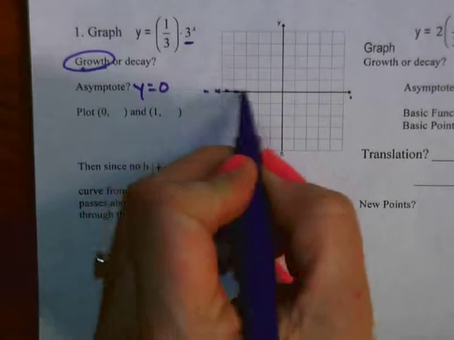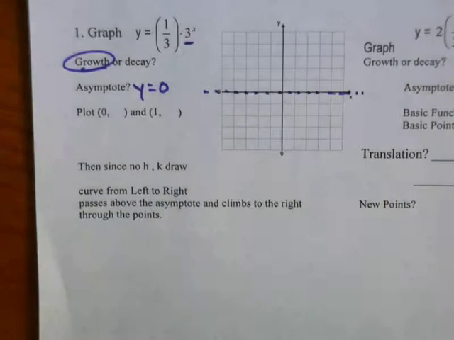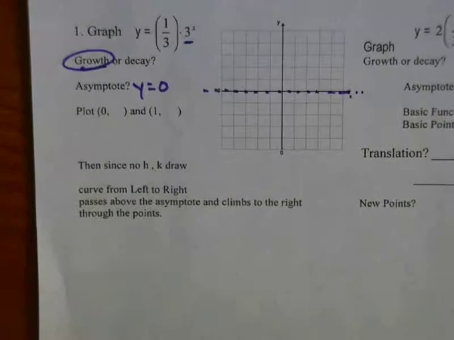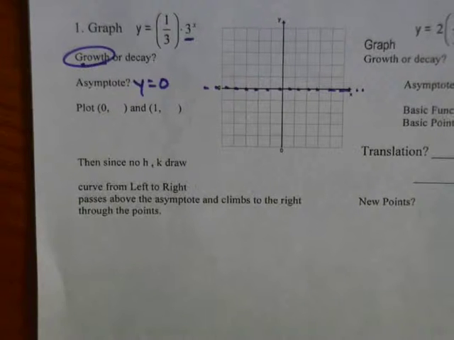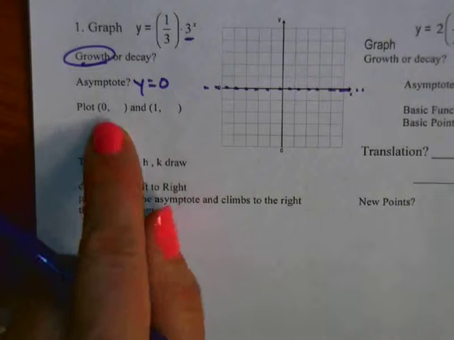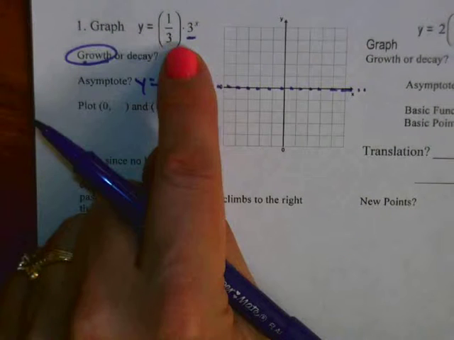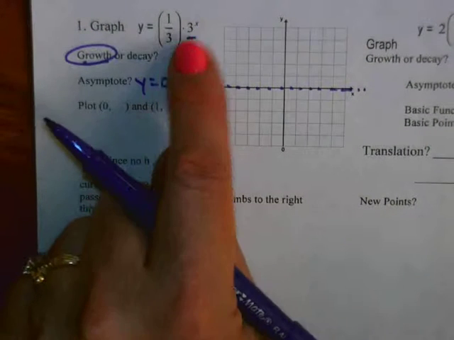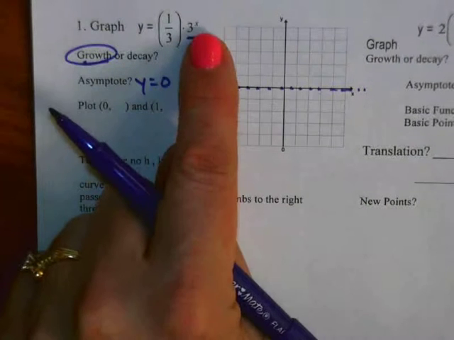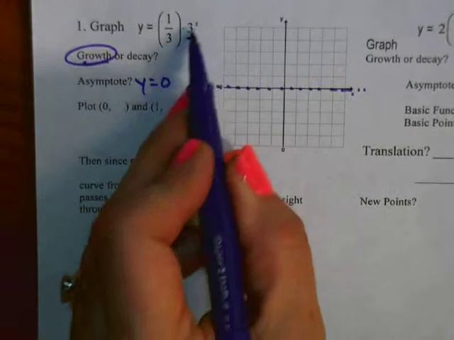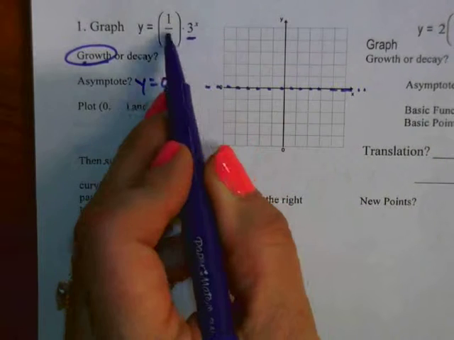So let's just sketch that right on your graph. That's your asymptote. Then the first thing I want you to do is plot where x is 0 and x is 1. You look into the whole function, and you say, if x is 0, what number is this going to be? 1 times 1/3 is what?